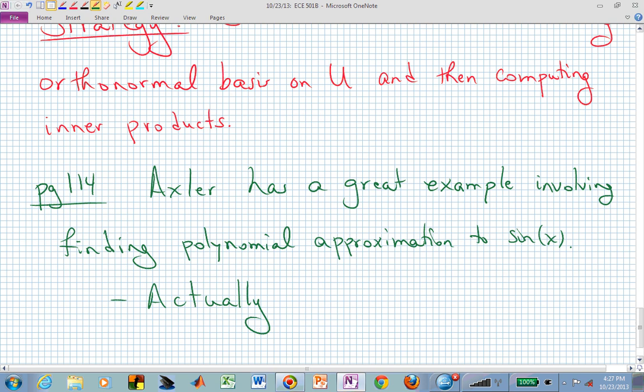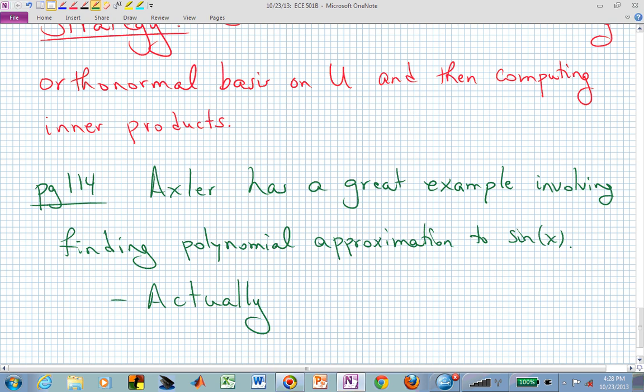He's actually working in a function space, not just, I mean, his V is infinite dimensional. But all of these definitions leading up to that point, it didn't matter. As long as U, the subspace, was finite dimensional, all of these results hold. And U now is fifth order polynomials, which says what dimension is that?